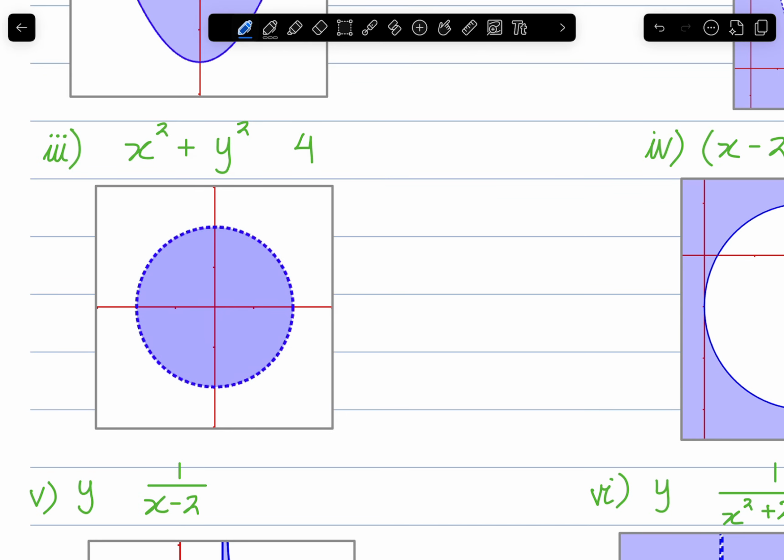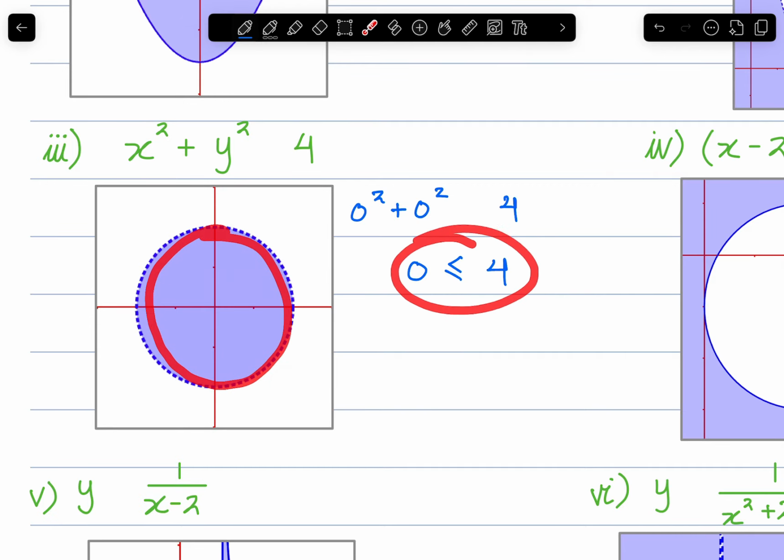You can do this in your head or actually writing it down. 0 squared plus 0 squared, and comparing with 4, I get 0 against 4. Now, is 0 greater than 4 or less than 4? In this case, 0 is less than 4, which is the region that we want here.